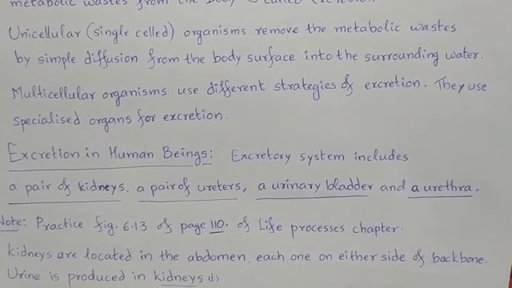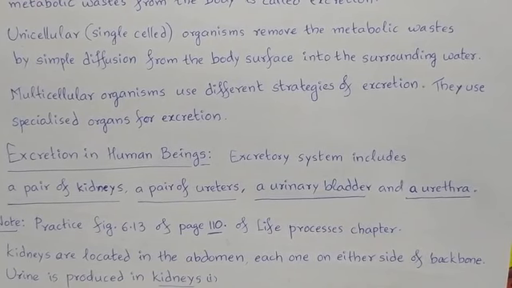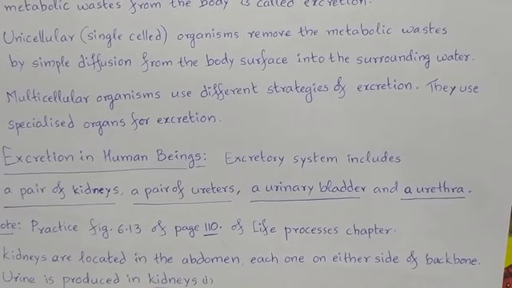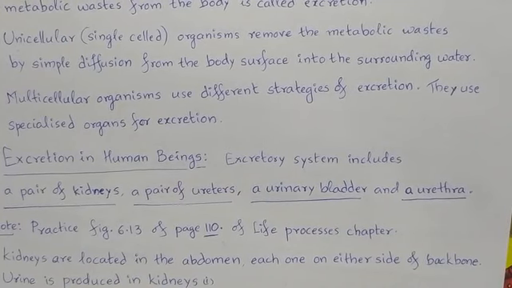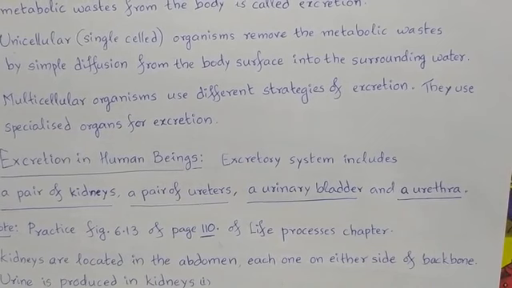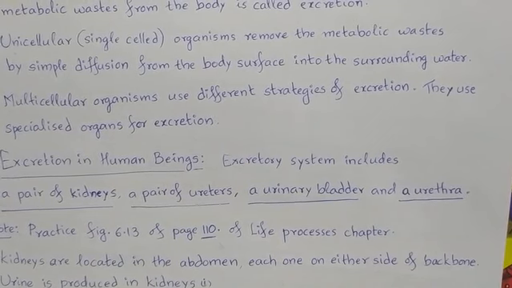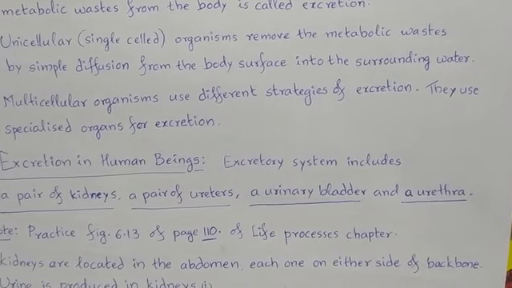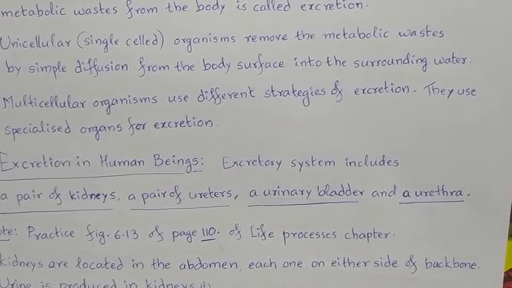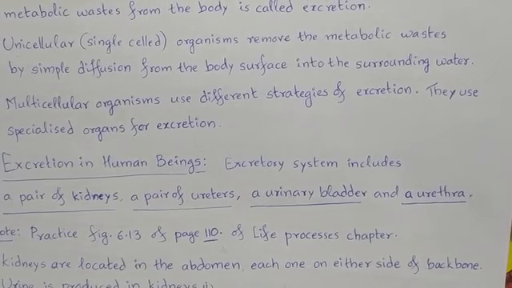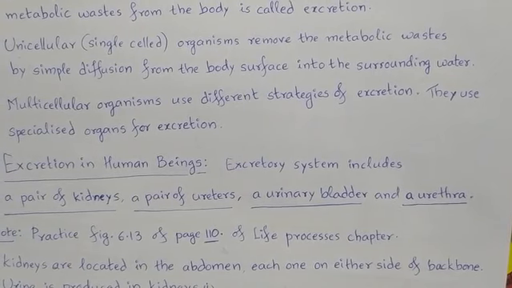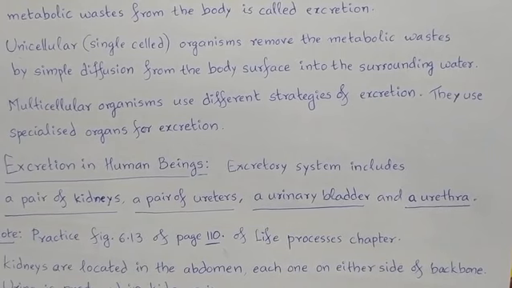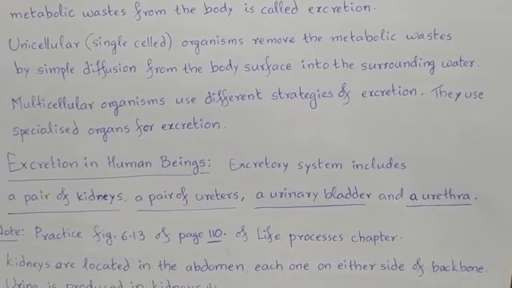In unicellular, that is single-celled organisms, the removal of metabolic wastes is carried out by simple diffusion process from the body surface into their surroundings. Mostly the surroundings are water. Unicellular organisms remove the harmful metabolic wastes by simple diffusion from the body surface into the surrounding water.